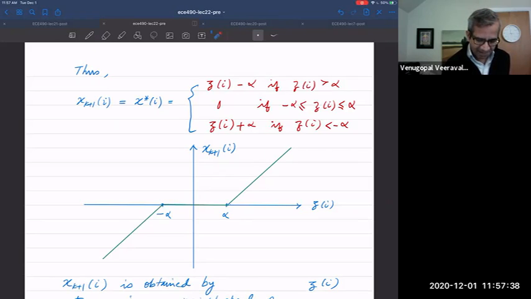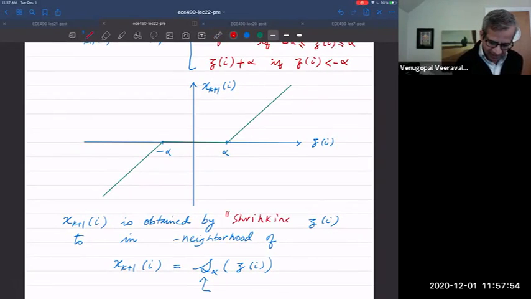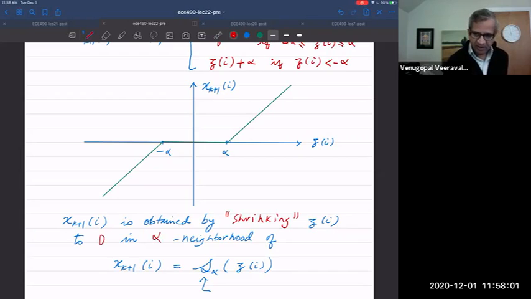So this kind of operation is called a shrinking operation or a shrinkage operation. So xk plus 1 is obtained by shrinking zi to 0 in some alpha neighborhood of 0.